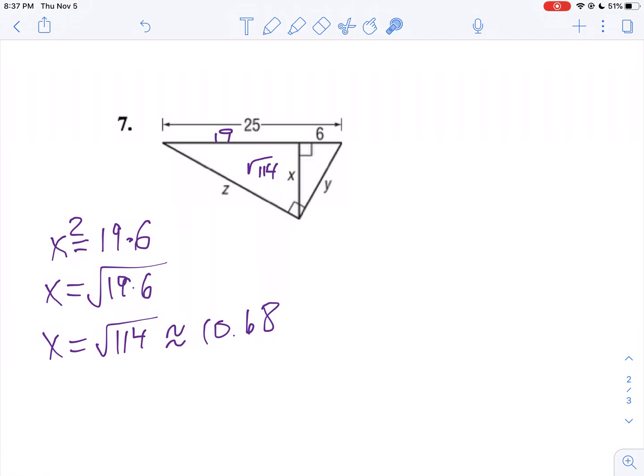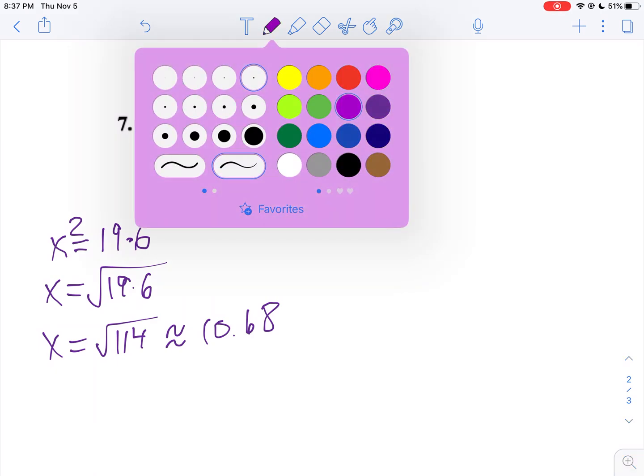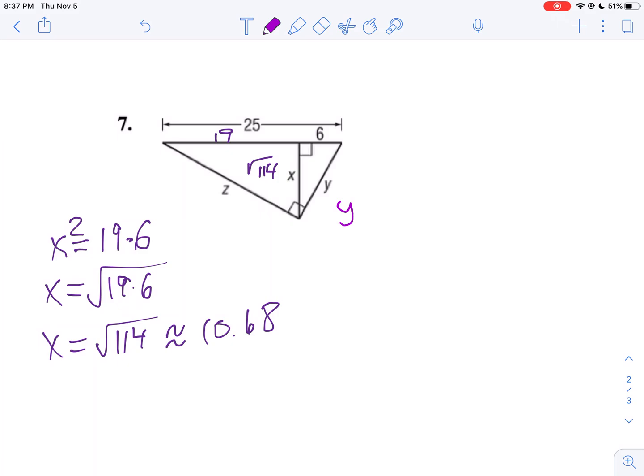Now the leg, y in this case, is the geometric mean between the entire hypotenuse and the part of the hypotenuse that's adjacent to y. So in other words, y squared equals 6 times 25. Well, if I take the square root, I'll get y equals, and I notice the square root of 25, well, that's 5. So I get 5 radical 6.